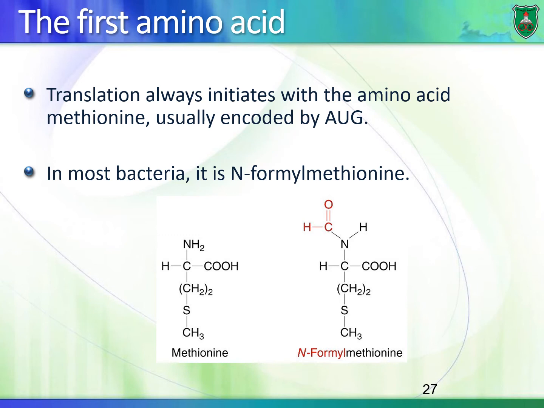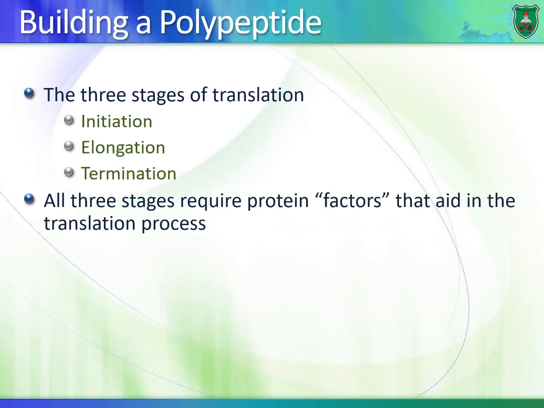It carries a modified methionine known as formyl methionine. So for many bacteria, the first amino acid of their proteins is a formyl methionine. So this is one way by which you can differentiate between prokaryotic cells and eukaryotic cells.